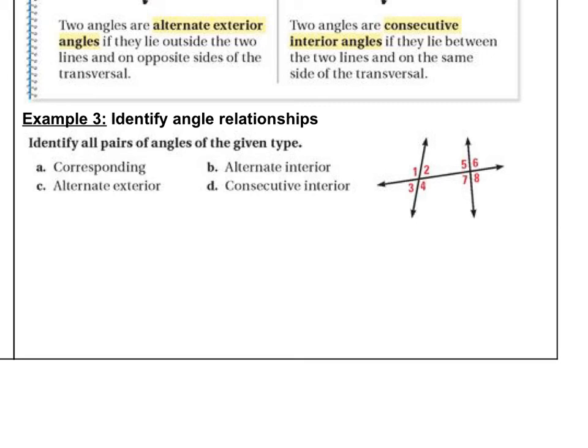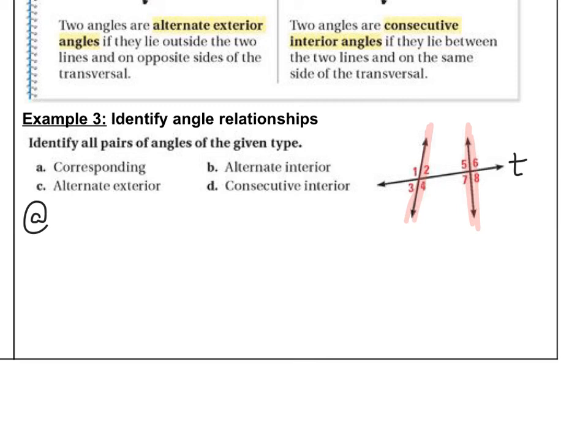So we are going to say, for example 3, that our transversal is right here. This is our transversal, and so I want us to identify all the corresponding angles, alternate interior, alternate exterior, and consecutive interior. So let's start first with corresponding. So these are our two lines. So what we're going to be looking for are angles in the same spot but on each of those lines.